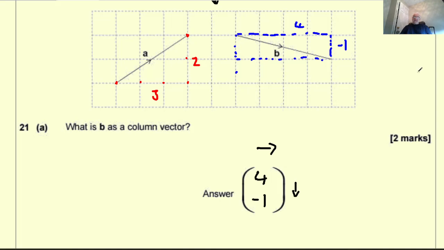If the arrow went in a different direction, so I'm going to put B in a different direction. If the arrow went that way, that means I'm going 4 to the left, 1 up. So in that new column vector, 4 to the left would be -4 and 1 up. If it goes in the opposite direction. But on this question, we're using the top one, so that wouldn't apply. So let's just take that bit out.